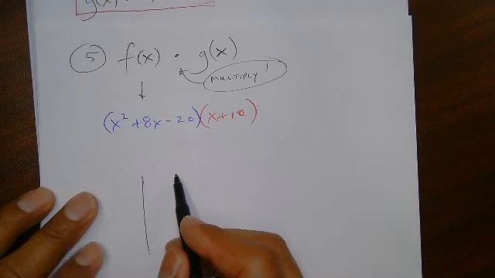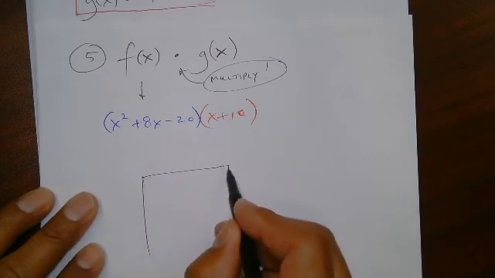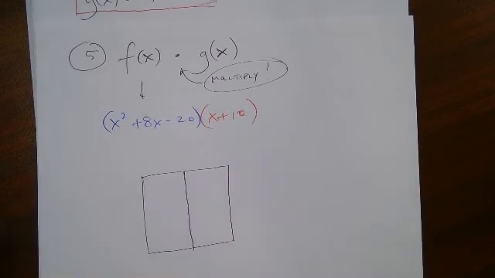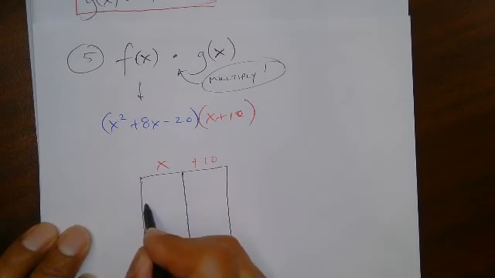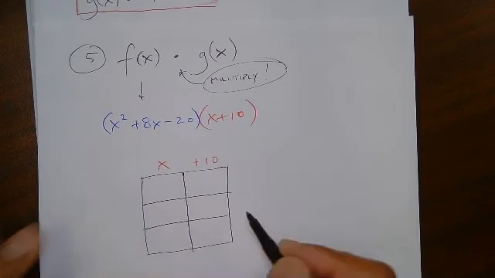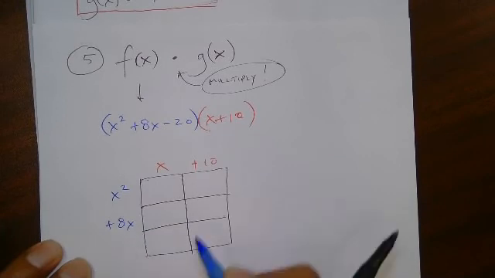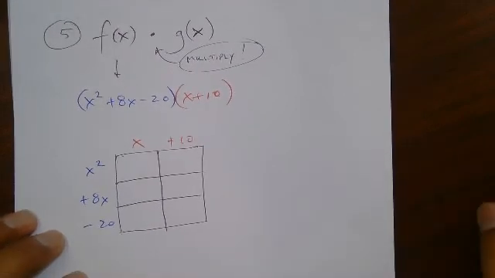So this one has 3, this one has 2, so I'm gonna go this way, I guess. I'll do the 2 here for the x plus 10, and the 3 here for the x squared plus 8x minus 20.